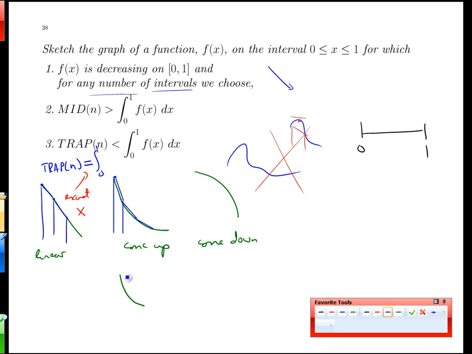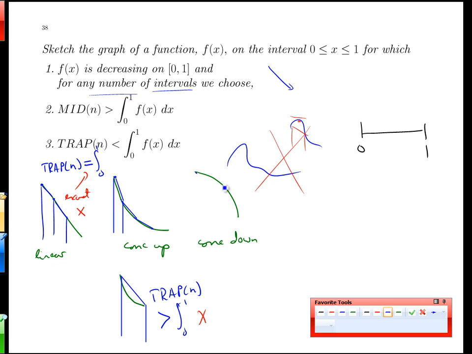If we had a trapezoid and an interval where the function was concave up, the trapezoid rule would definitely be larger than the actual integral from 0 to 1 value. So that's not what we want either. All right, well, if in doubt, let's go to the last one.